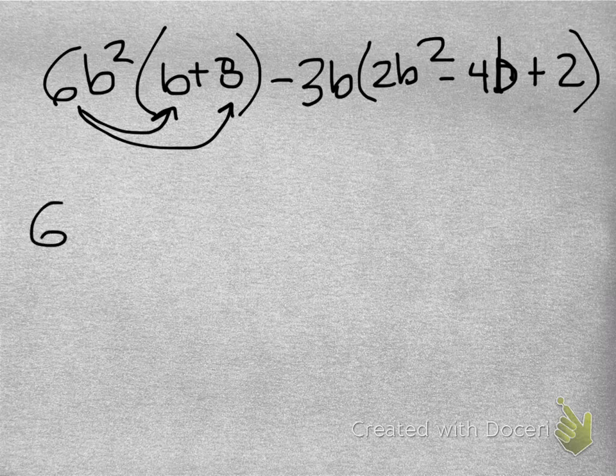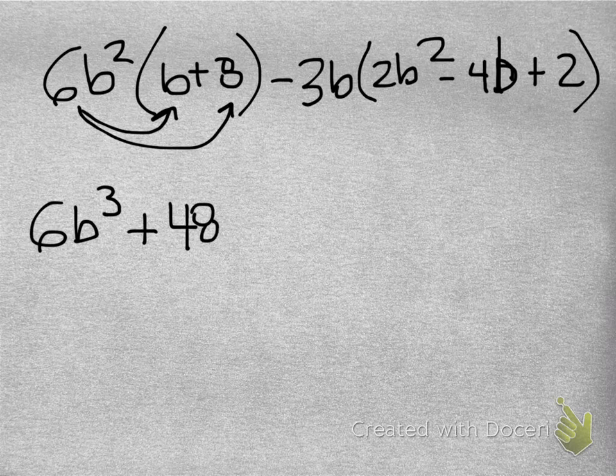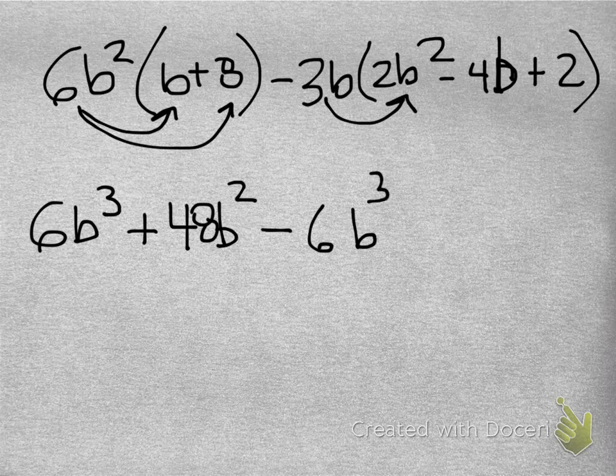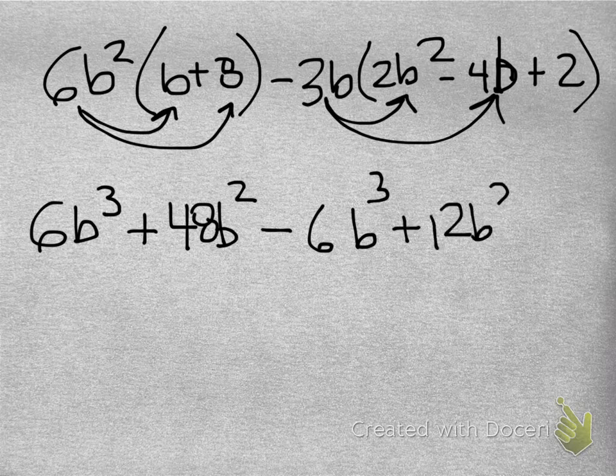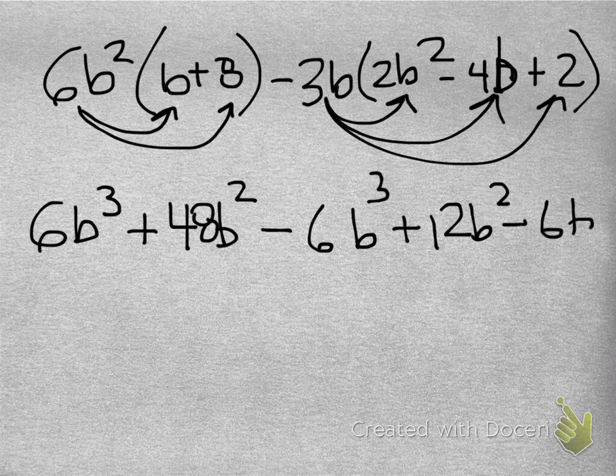That's going to give us 6b cubed plus 48b squared. Then we continue, negative 3b times 2b squared. That's going to give us negative 6b cubed. Negative 3b times negative 4b is positive 12b squared. And negative 3b times 2 is negative 6b.